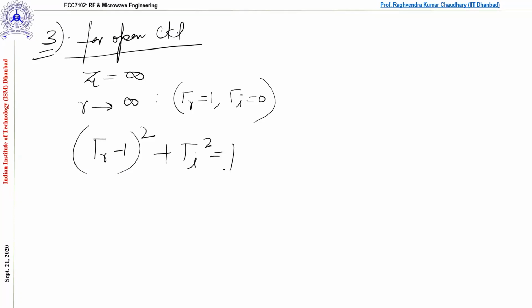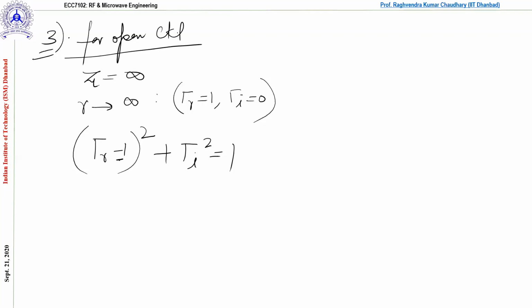Now here you can see that this radius is 1 again, but the location is somewhat different, and the location is 1 comma 0. So finally we have analyzed the three cases.